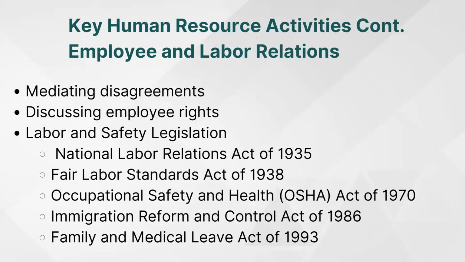Some of the labor laws that were put into place: the National Labor Relations Act of 1935, which created collective bargaining and labor management relationships and limited management interference in the right of employees to have a collective bargaining agent.